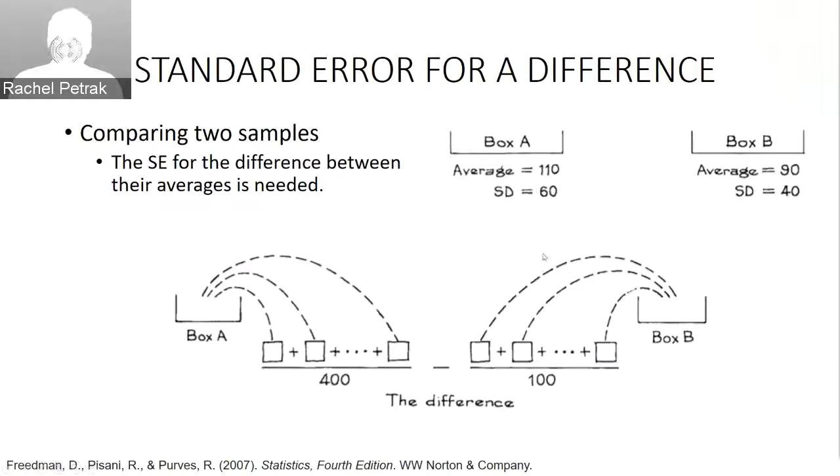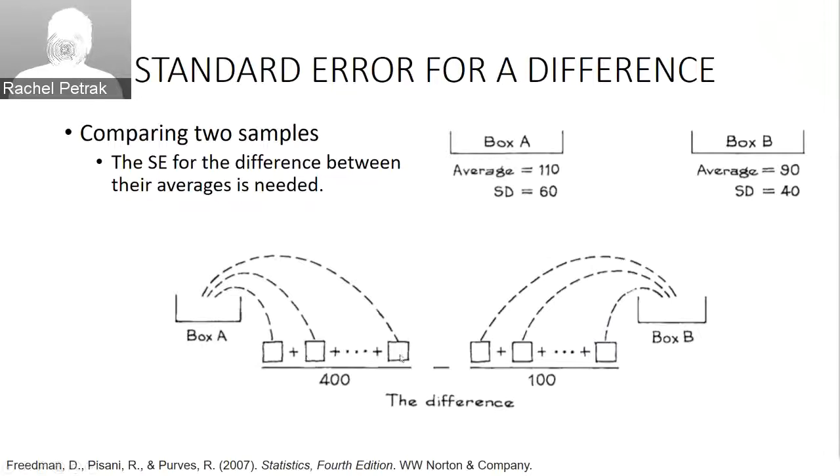And you see here we have a little example where we have two boxes, and you can see they each have a different average, and 400 samples are taken from the first box. That's our sample size. 100 are taken from the second box, box B, and we get the difference between their averages.